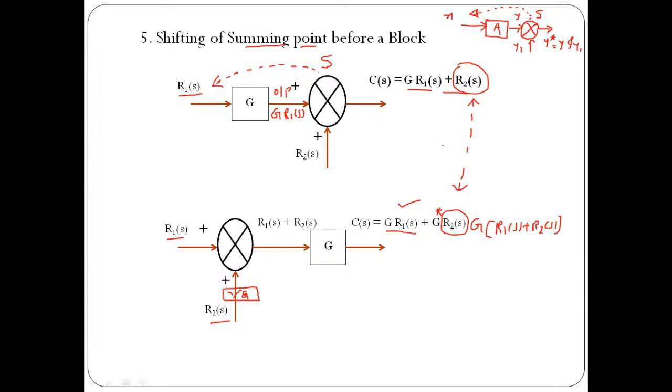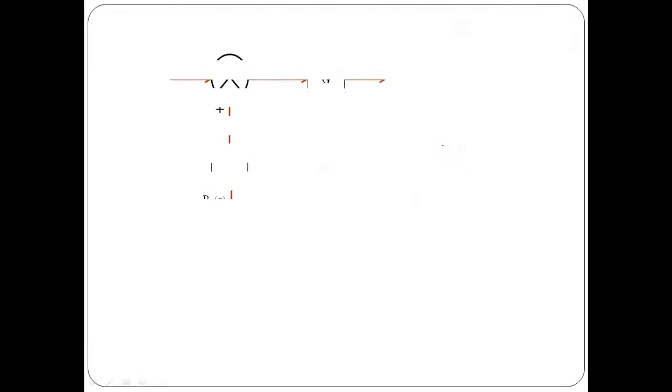So we need to add a block of gain exactly equal to 1 by G. Why have we taken 1 by G? Because we are getting G as an additional parameter that is going to be multiplied by our reference input signal, that is R2 of S.